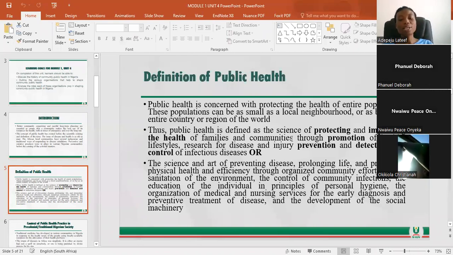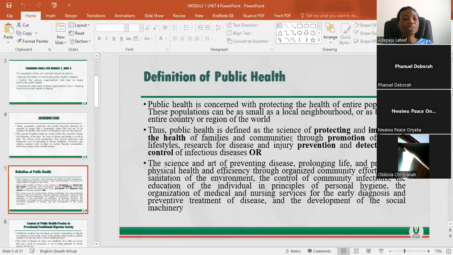How can disease and injury be prevented in a community, as well as, one of its objectives also is to detect and control any form of disease or infection. So that is the simple definition of public health.